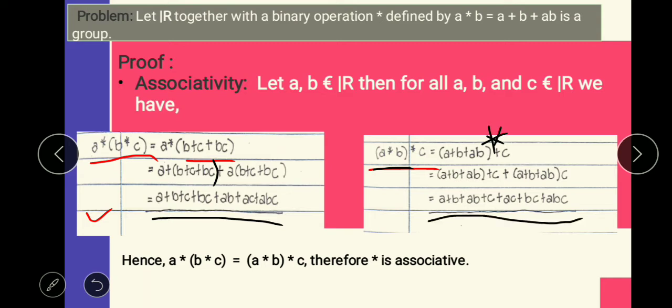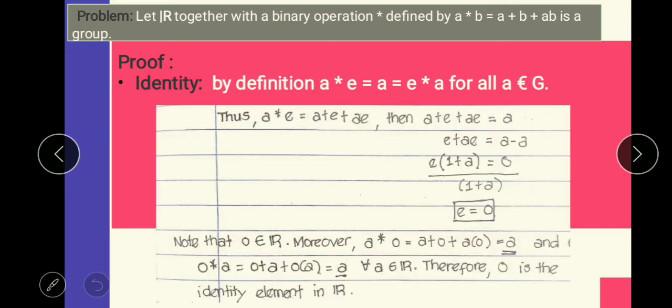If we look closely, all the terms here are also in here, right? Hence, A star, the quantity B star C, is equal to the quantity A star B, star C. Therefore, the binary operation star is associative.